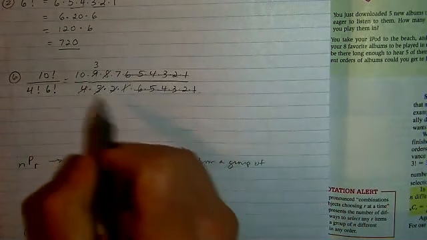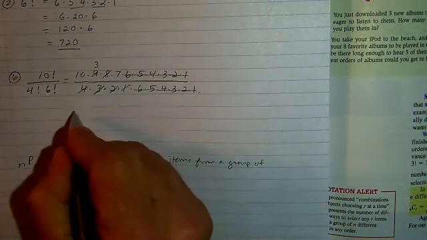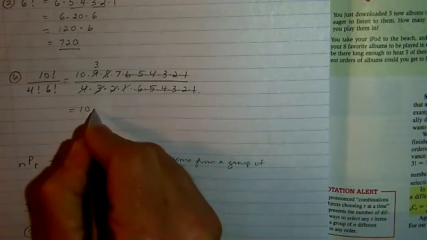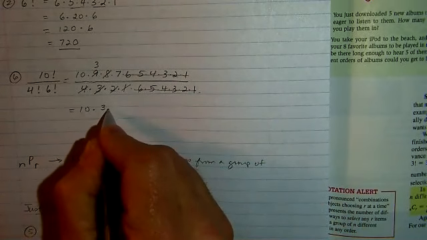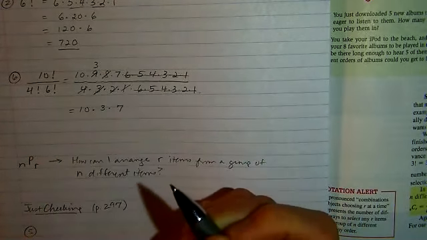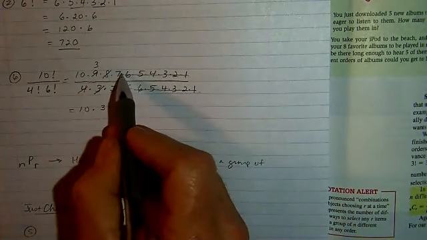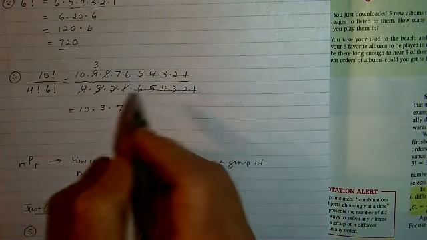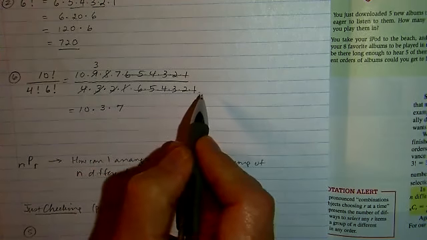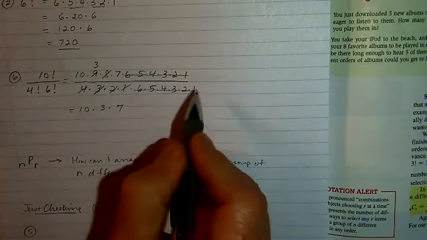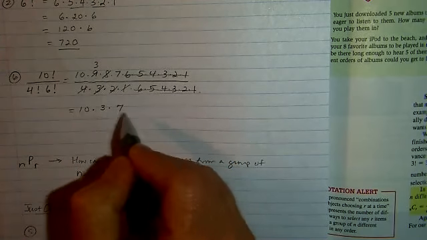Okay, so all of a sudden, the only thing that's left is a 10, a 3, and a 7. Right here, 10 times 3 times 7. All the rest of these are canceled out. And there's absolutely nothing left in the denominator other than ones. Okay, so all these divide out, they leave ones, and now all I have is this.